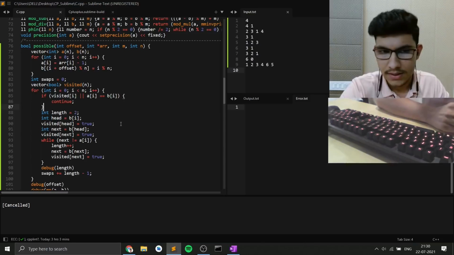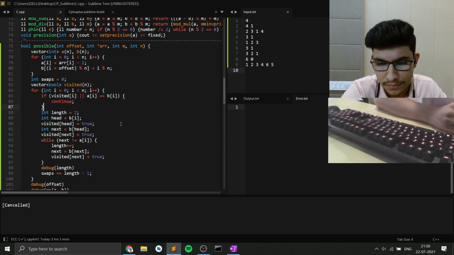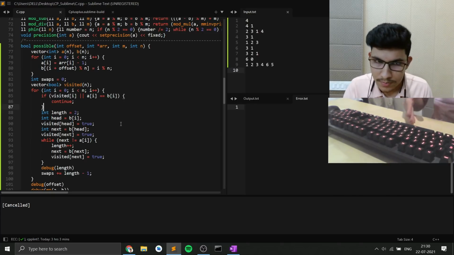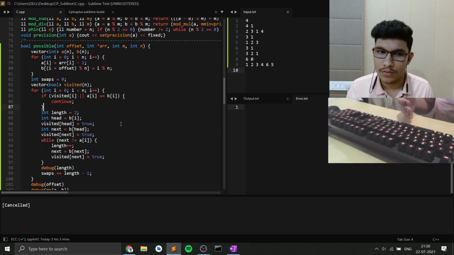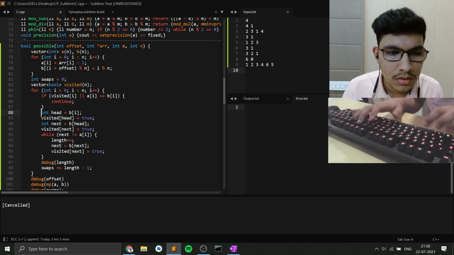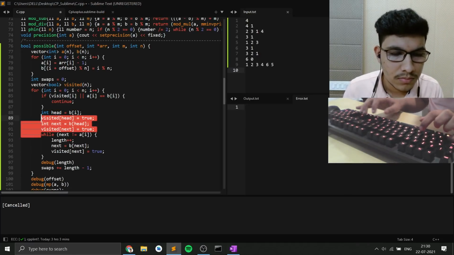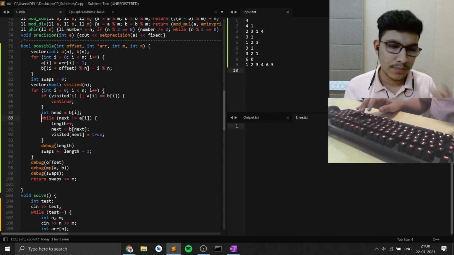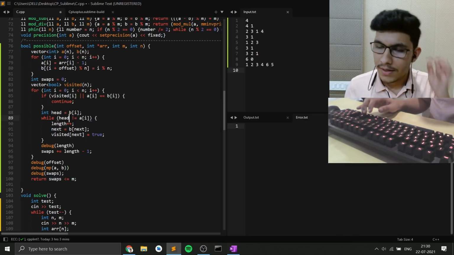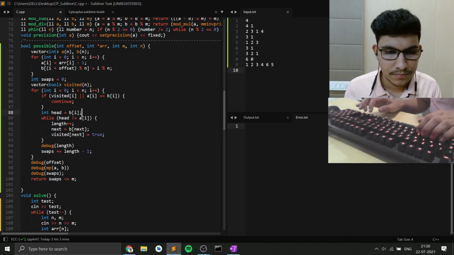I have a 2 and the required element is 0. So what do I do? I go to 2's place and I look for that element, right? So int head equals to B at I, while head is not equal to A at I.